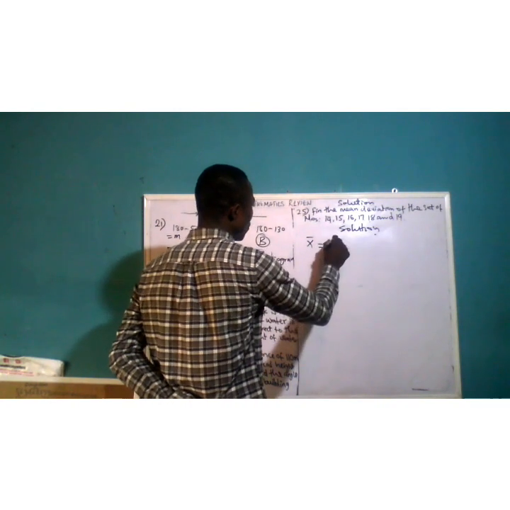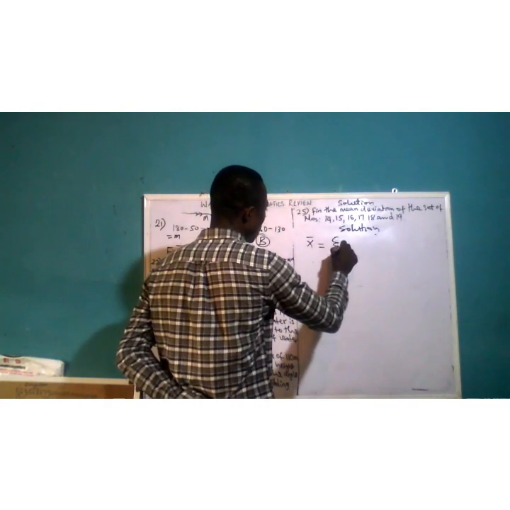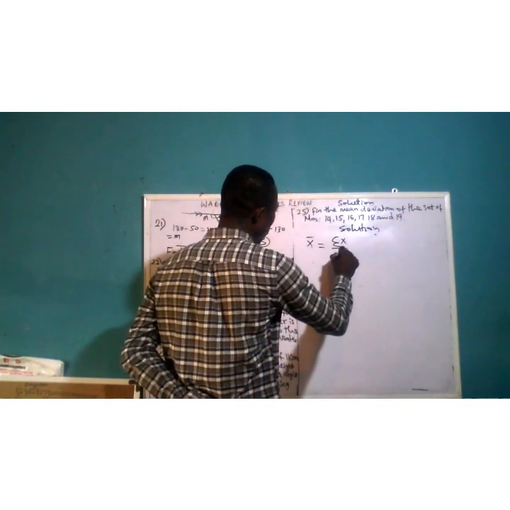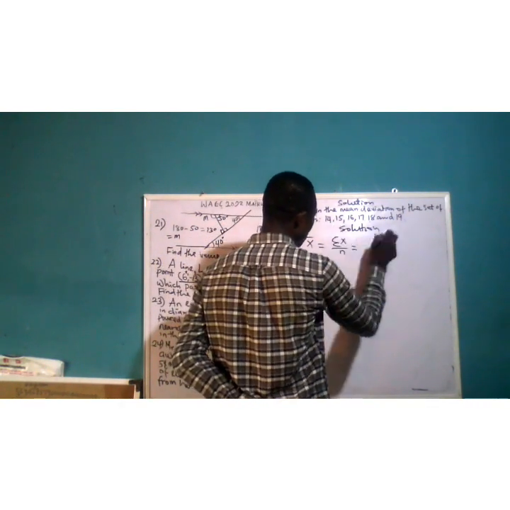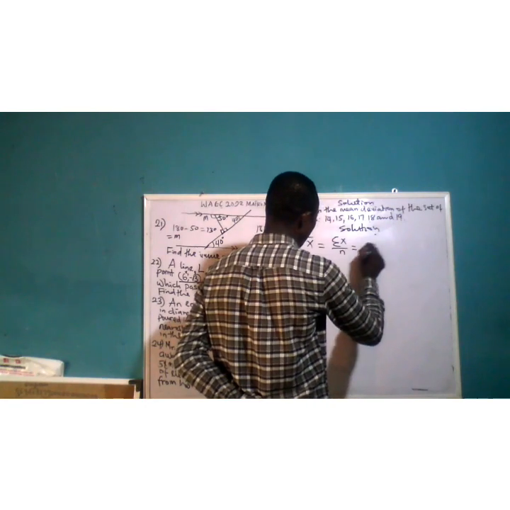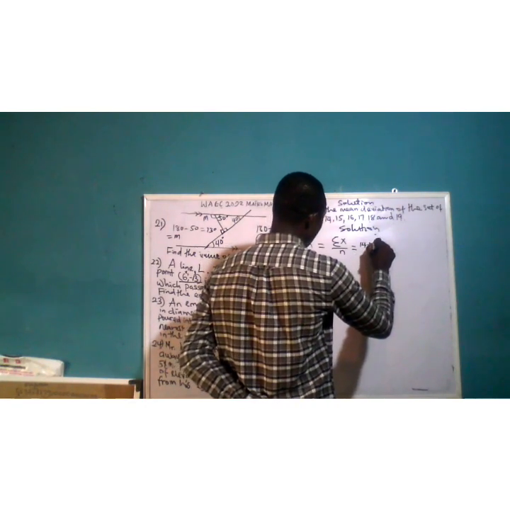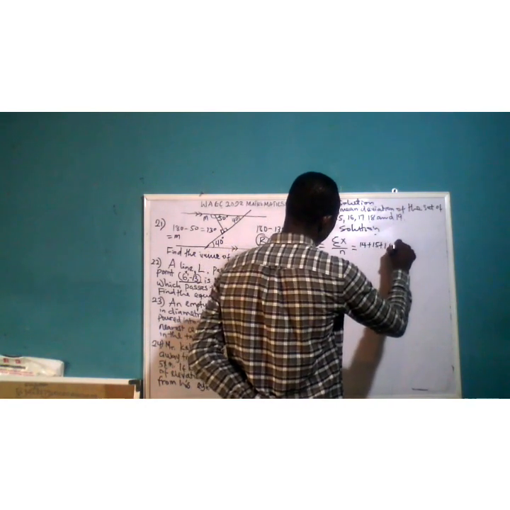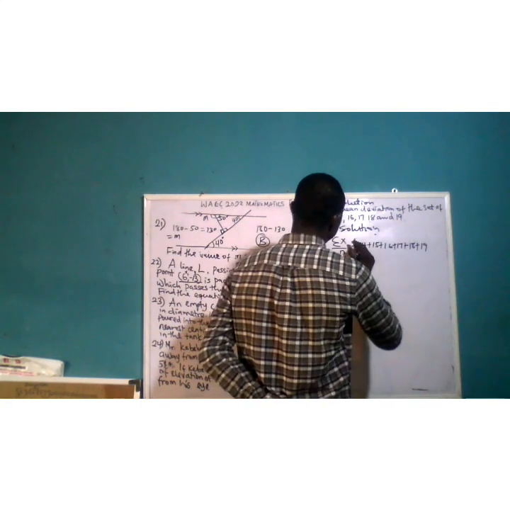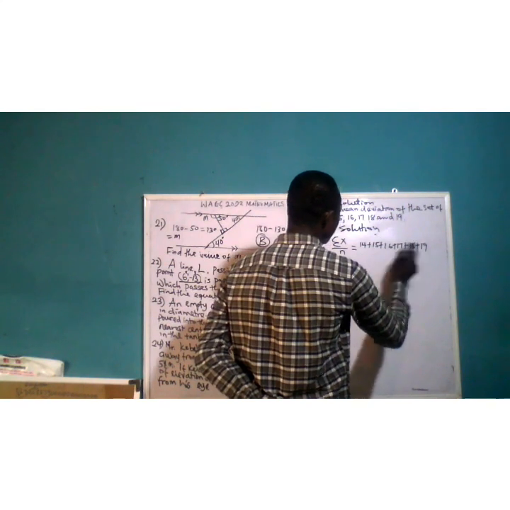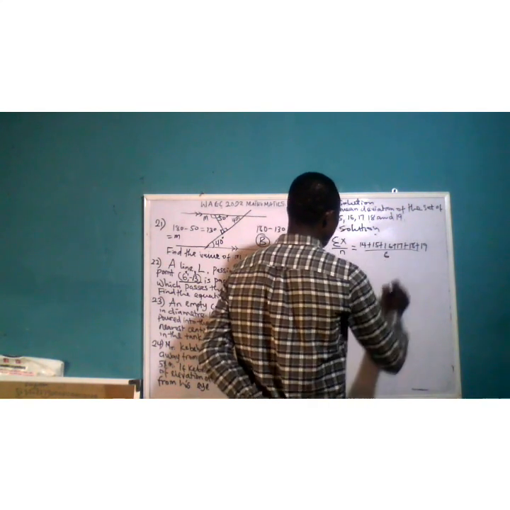And the mean, x bar, is given as summation x all over n, that's equals to the addition of all these points all over the number of points we have. So we have 14 plus 15 plus 16 plus 17 plus 18 plus 19 all over 6, because we have 6 points.